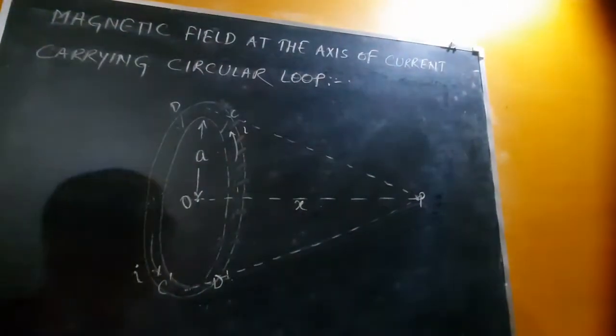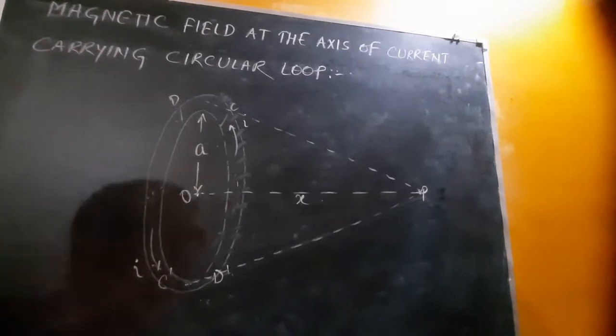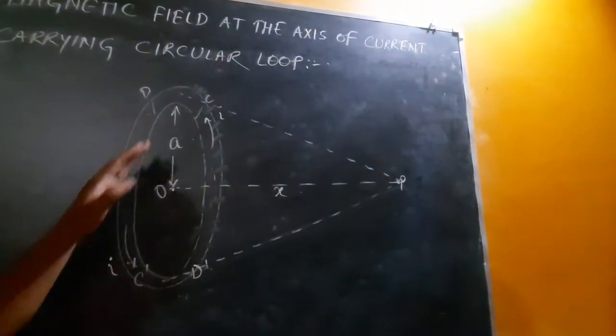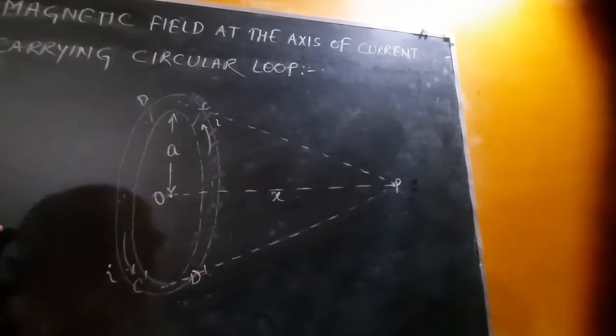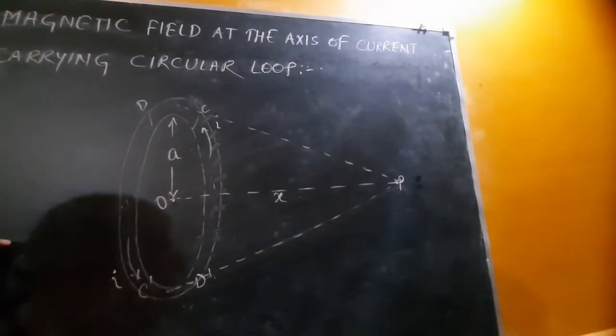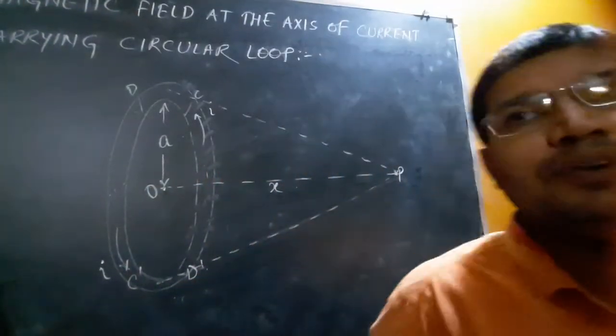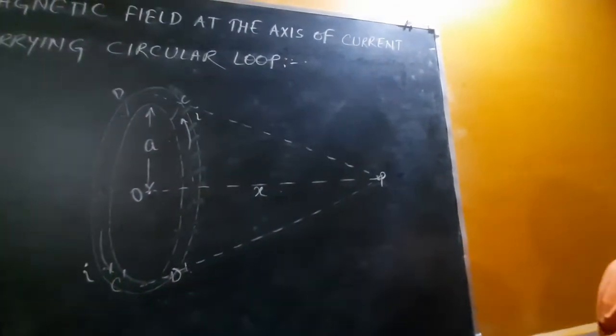All of us are aware that in order to find magnetic field at any position, here in this case we have to use Biot-Savart's law, and Biot-Savart's law is applicable for a very small current element.